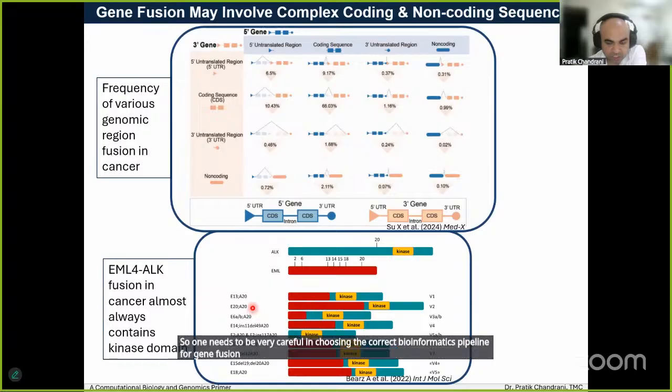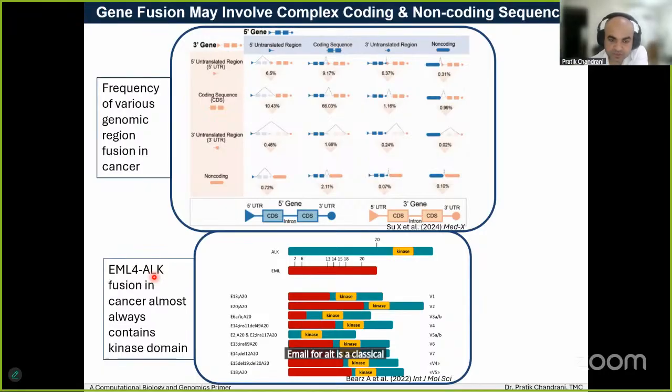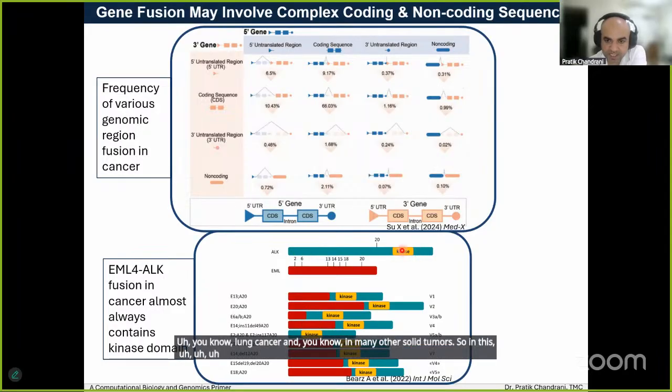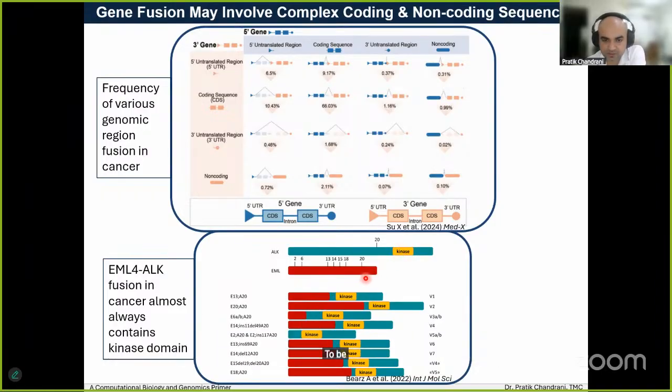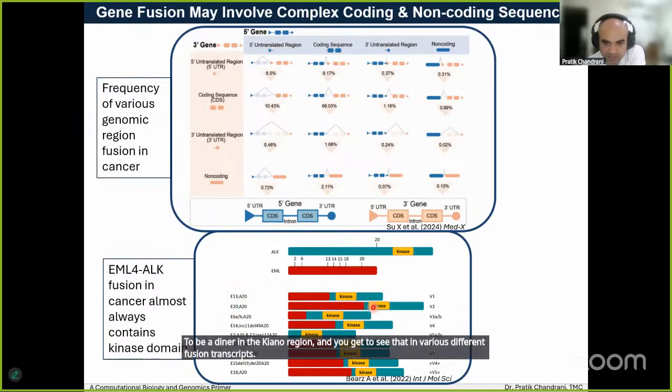Now let us also see one real world example. EML4-ALK is a classical oncogenic fusion, most commonly reported in lung cancer and in many other solid tumors. ALK is a kinase protein, and this kinase is typically required to be a driver in the fusion oncogene. And you get to see that in various different fusion transcripts, this kinase domain is very much intact.